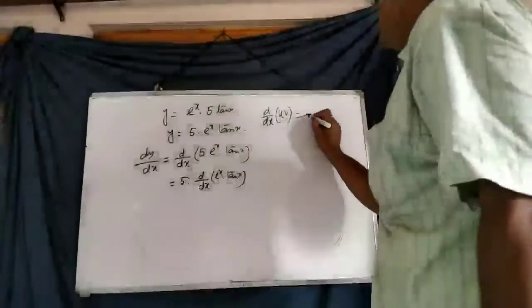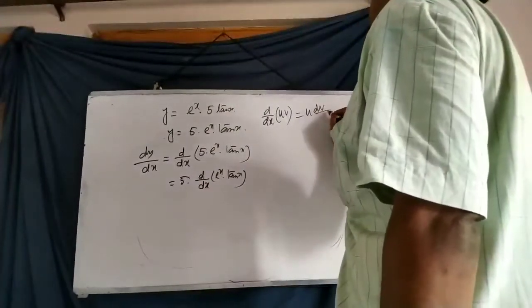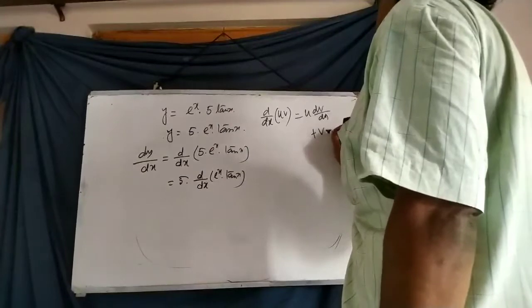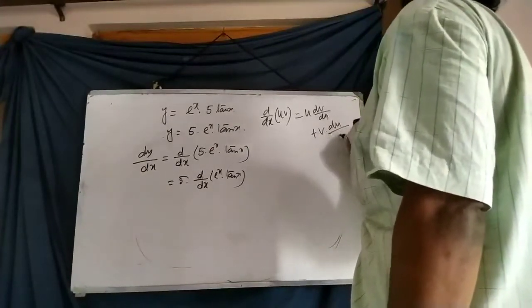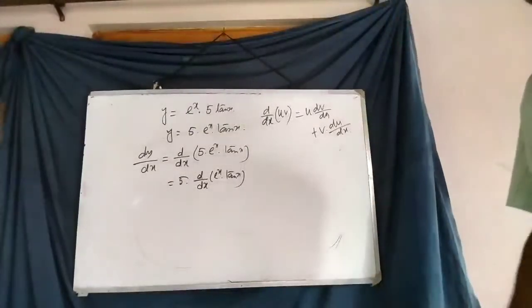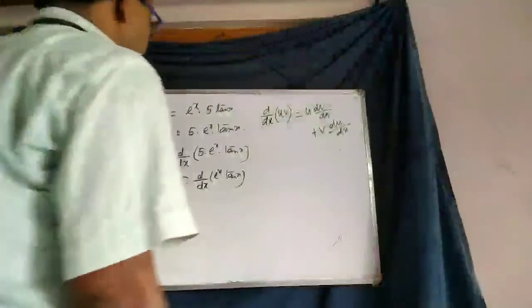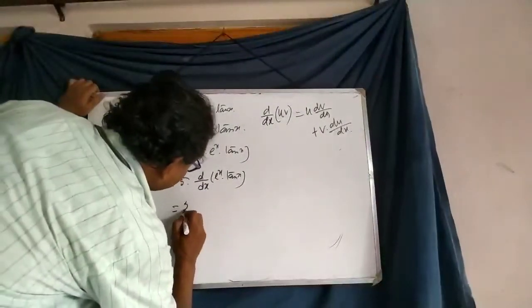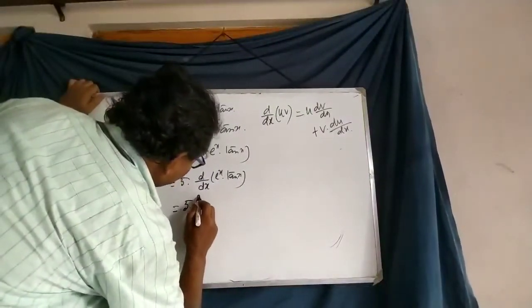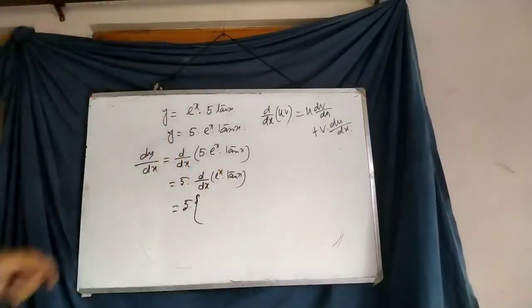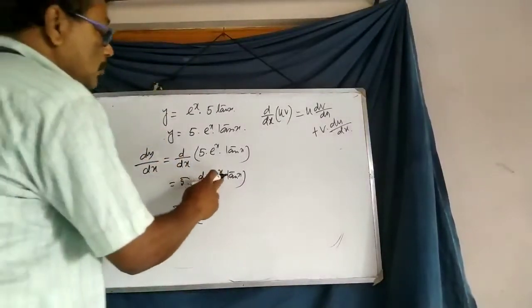What is the rule? u unchanged, dv/dx plus v unchanged, du/dx. So 5 into second bracket, we have to apply the second bracket because 5 is multiplied with both the functions.